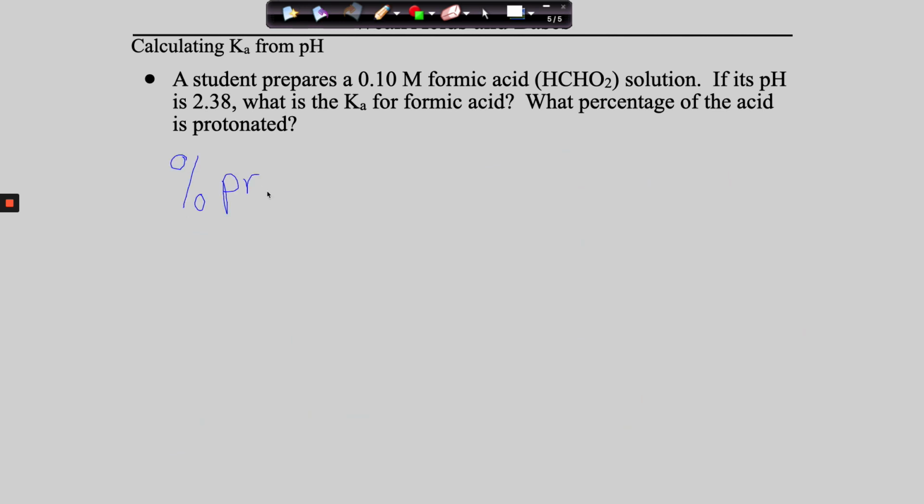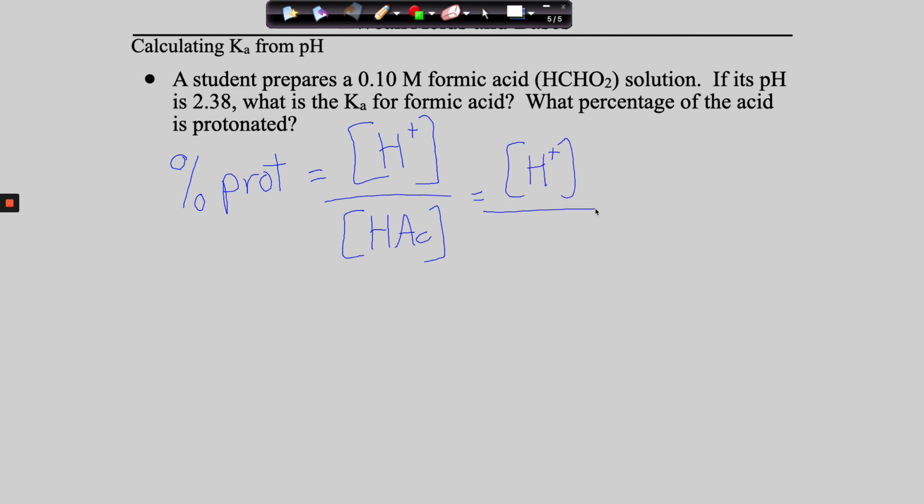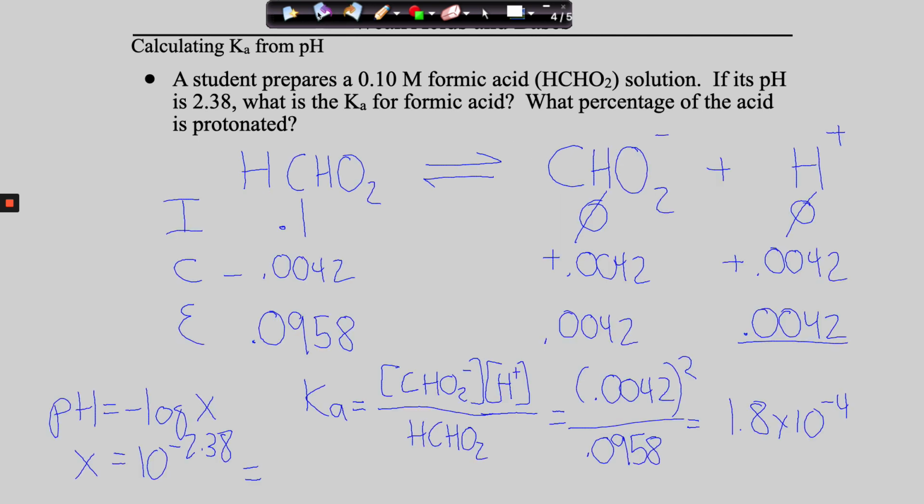Percent protonation is equal to concentration of hydrogen ion divided by concentration of HA initial. So in our example, our concentration of hydrogen ion is 0.0042 molar, and our initial concentration of the acid was 0.1.